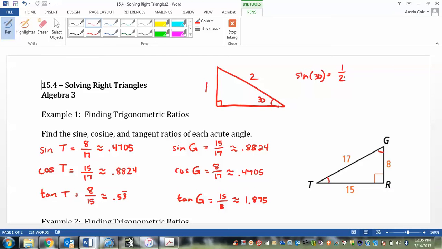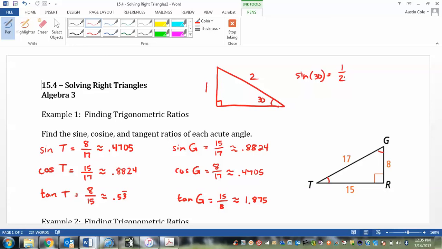You get 0.5. Okay? Every angle has a particular sine, cosine, and tangent value. Do cosine of 30. 0.8660. Okay, so that one's not as neat, is it? It still has that value. Cosine 30 is always going to be that value.